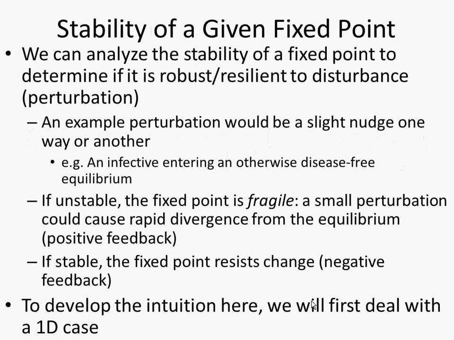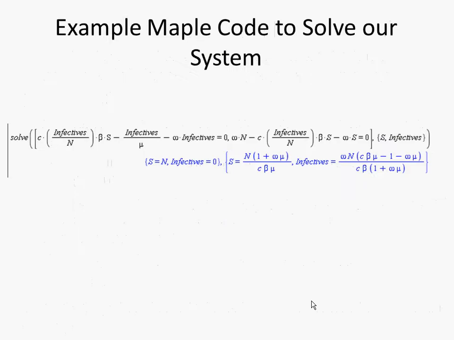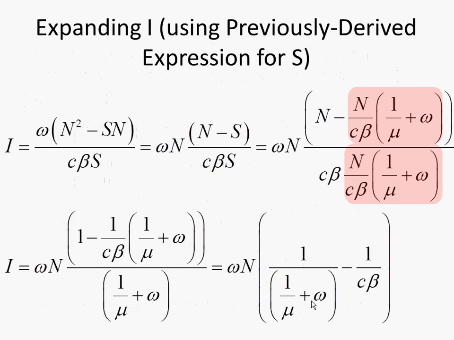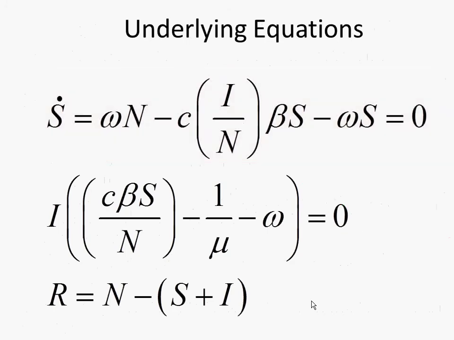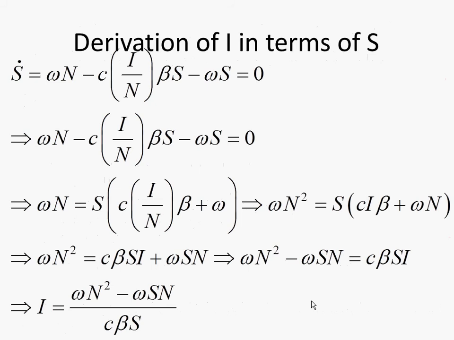So now we're going to talk about this issue of stability. So any questions about this issue of identifying the fixed points? That is something I want you to be very comfortable with. This idea that you set the derivatives equal to 0, you solve for each of the state variables in terms of the parameters. Does that make sense to people? Okay. Typically that's a pretty straightforward operation if you have simple expressions on the right-hand side.